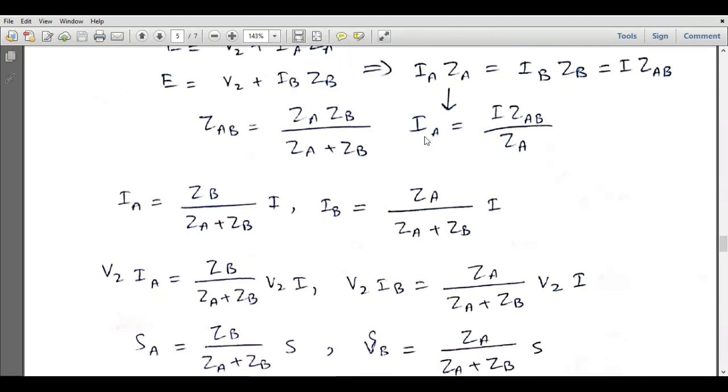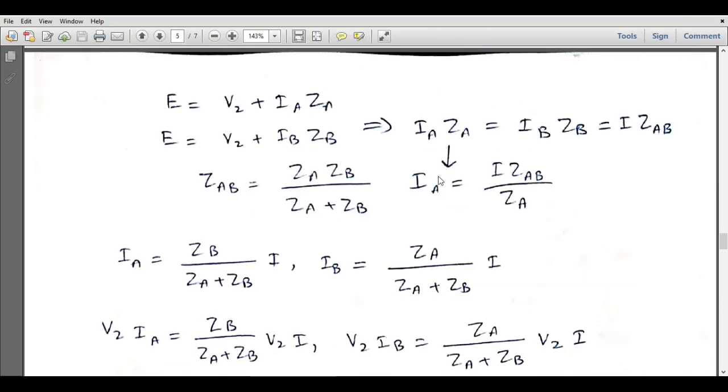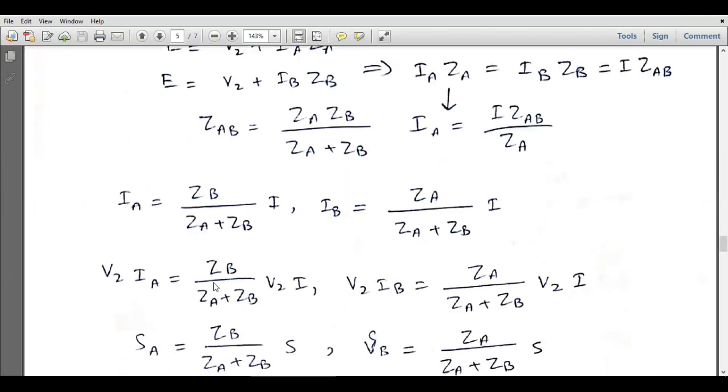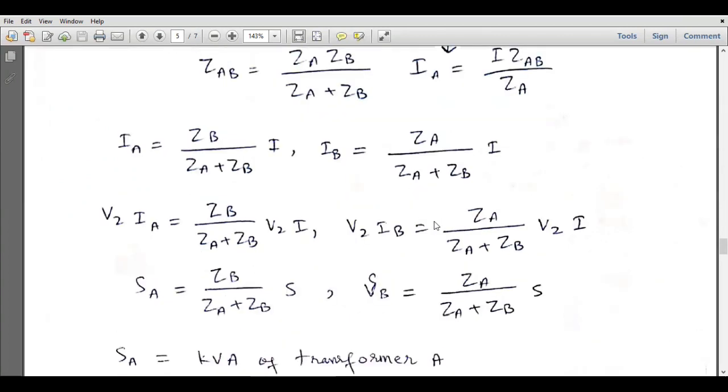This is ZAB, and IA can be written as I times ZAB divided by ZA. IA is equal to this quantity according to the current divider rule, and IB is equal to this term according to the current divider rule. We can multiply both equations with V2, so V2IA is equal to V2 times IB, and similarly V2IB becomes V2 times I. Now this can be written as the kVA of transformer A, SA, equal to this term multiplied by the kVA of the load.